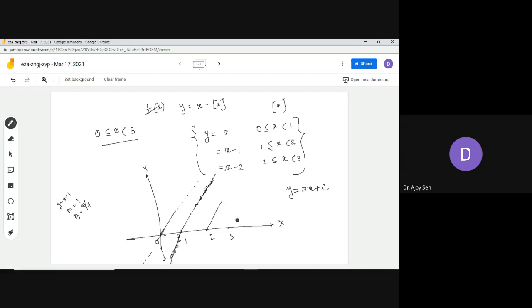So this is the graph of the function y equals x minus mod x in this region 0 to 3, and as you see, there is a problem. Not exactly a problem, because there are many problems. The problems are actually problems of discontinuity. Discontinuity arises at all the integer points, 0, 1, 2.